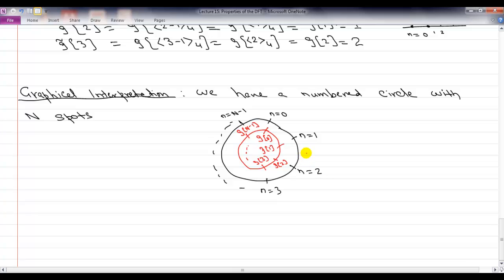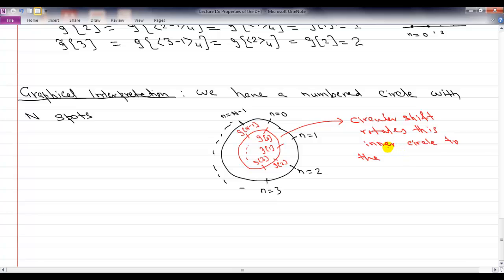Circular shifting essentially means that this inner dial, if you think of these as two circles, the outer circle represents indices and you keep those fixed. This inner circle, circular shift rotates this inner circle to the right or left, depending upon whether your circular shift is, for example, n naught or minus n naught.